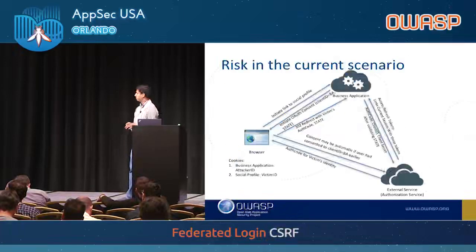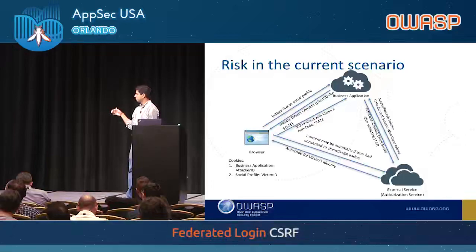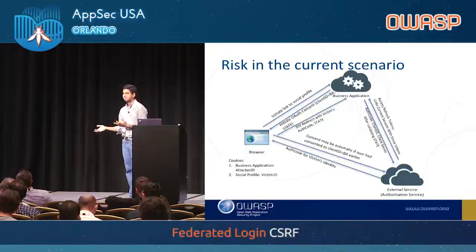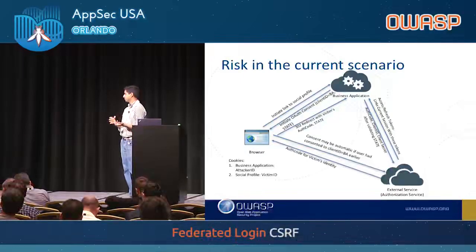However, in this scenario where you are trying to link two different identities, if an attacker's session is created on the victim's browser, assuming that the victim is already logged into the external resource like Twitter, Facebook, or whatever, then you have two cookies on the browser. One is the application cookie, which belongs to the attacker, and the social profile cookie, which belongs to the victim.